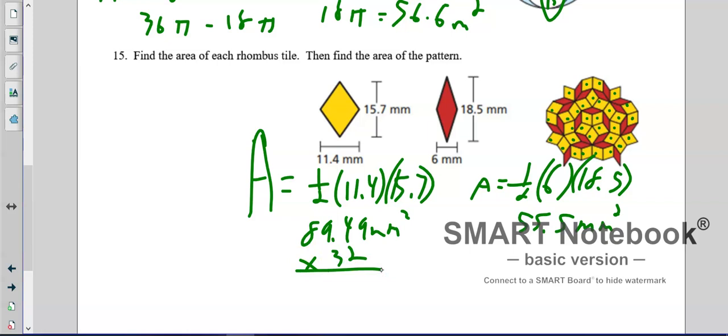And how many red ones are there? 1, 2, 3, up to 22 it looks like. Let me just double check there. 1, 2, 3, up to 21. It's 21, sorry.